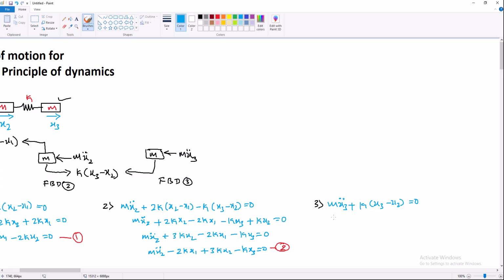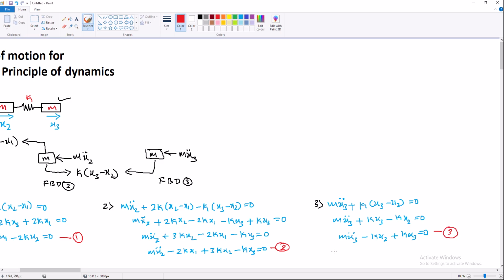Only two forces are here. So I write this in a simplified way: m x3 double dot plus k x3 minus k x2, which is equal to 0. So this is the equation of motion for the third mass in the system.